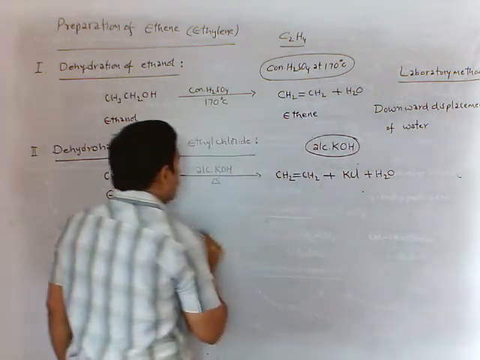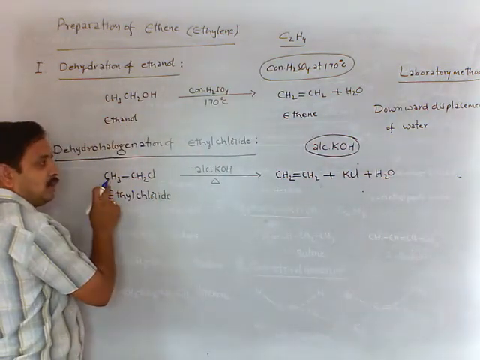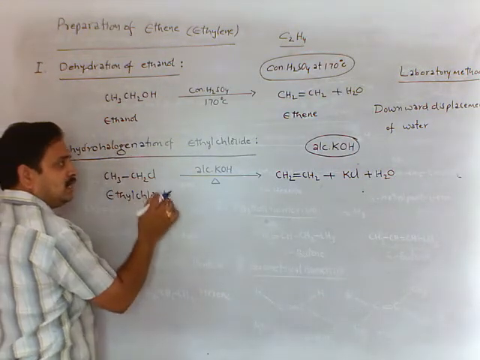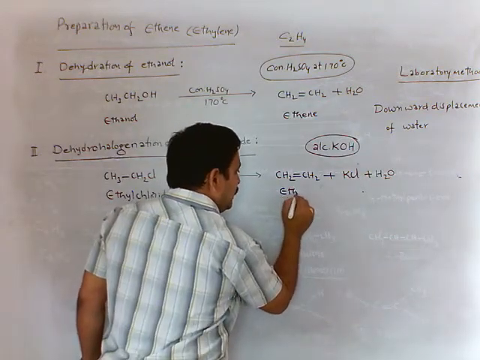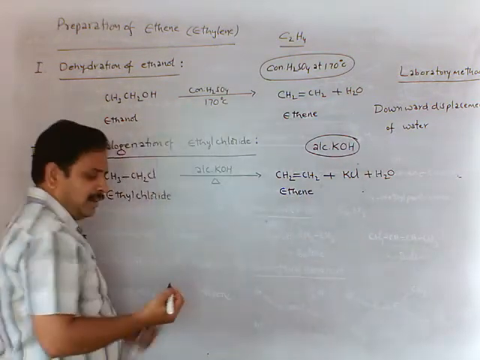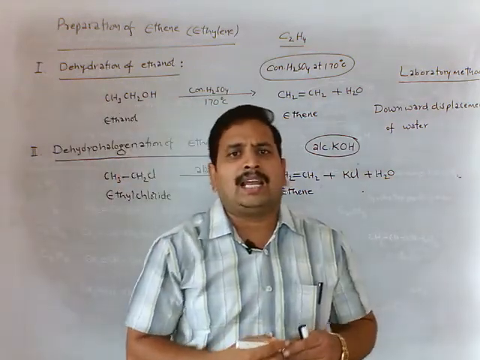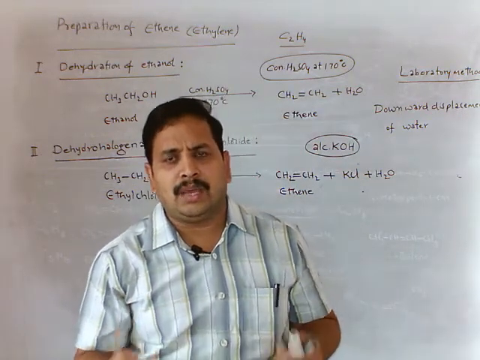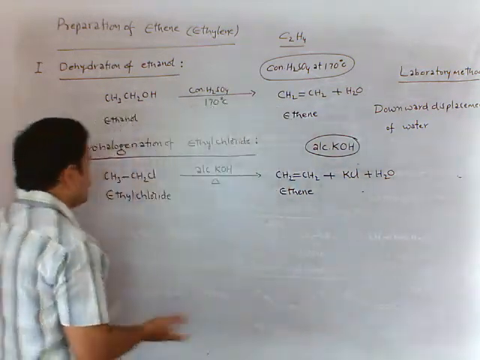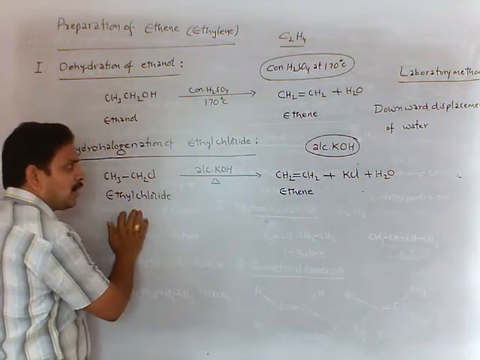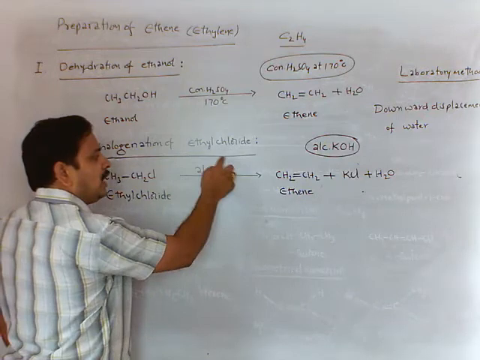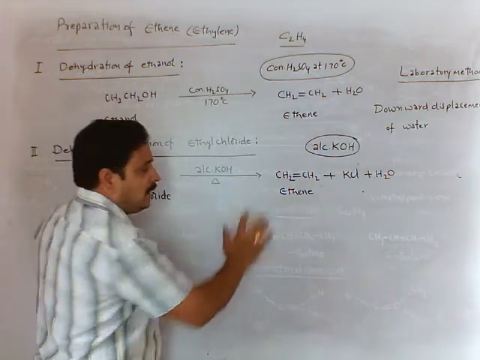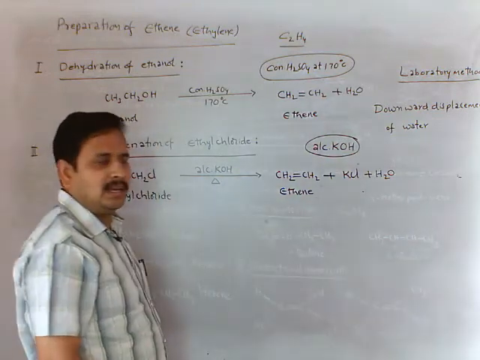From this we are removing chlorine and hydrogen, and chlorine is a halogen, that's why it is a dehydrohalogenation reaction. This is ethene. Dehydrohalogenation of an alkyl halide, ethyl chloride, gives ethene. Sentence formation is very easy to write here: ethyl chloride treated with alcoholic potassium hydroxide on heating gives ethene. Ethene is also called ethylene.